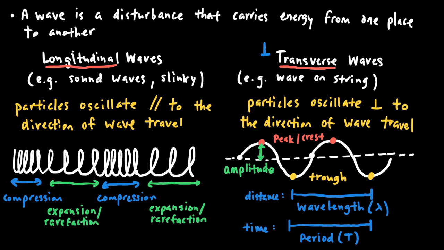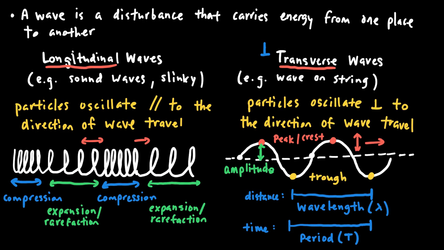And what that means is, of course, that the wave here is traveling, let's say, to the right, and all of the particles are oscillating up and down. Whereas for the longitudinal wave, the wave was traveling to the right, and the particles, each coil of the slinky, are oscillating back and forth to the left. So for the longitudinal wave, they oscillate along the direction of the wave, and for the transverse wave, it's perpendicular.